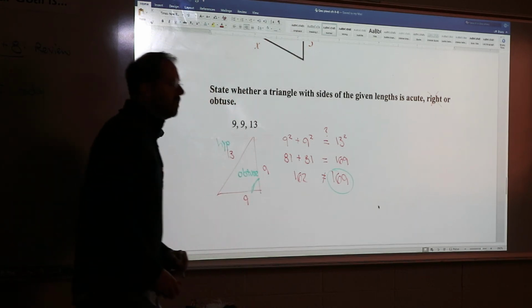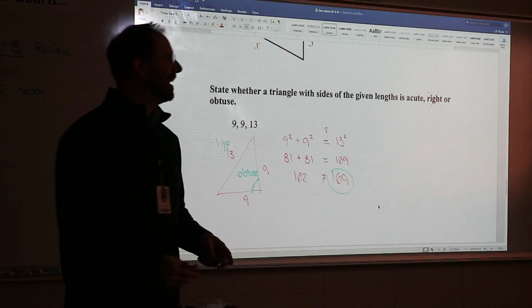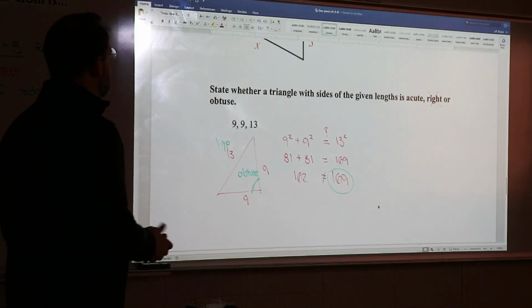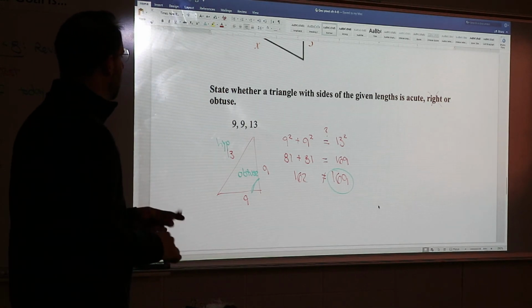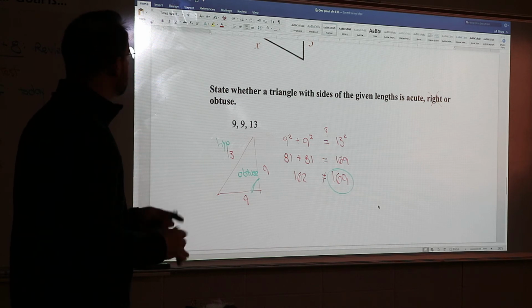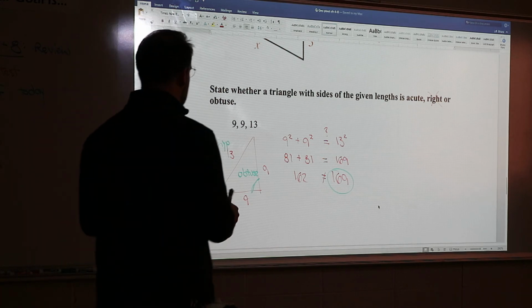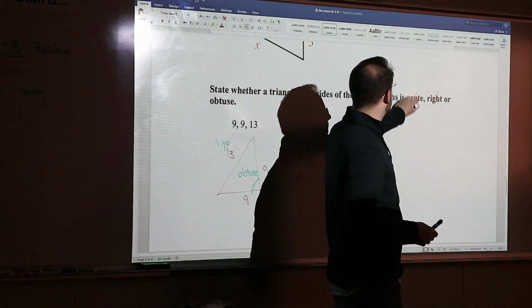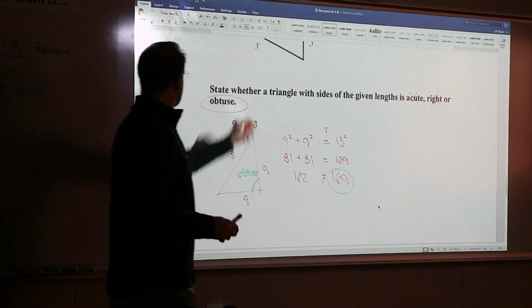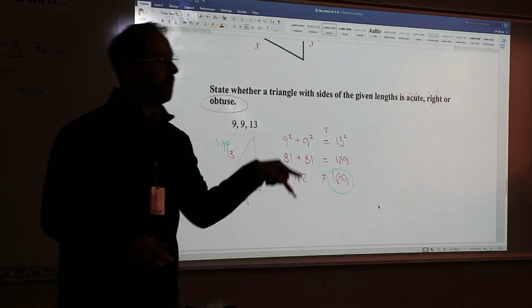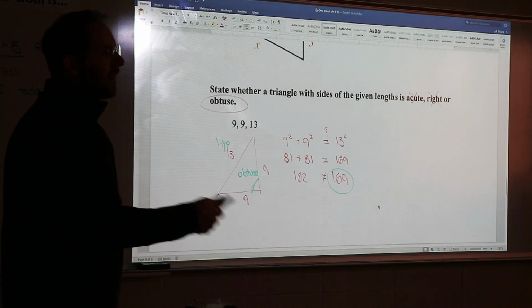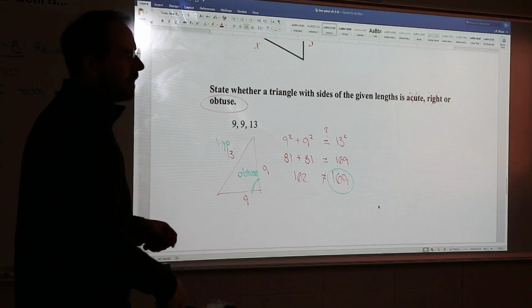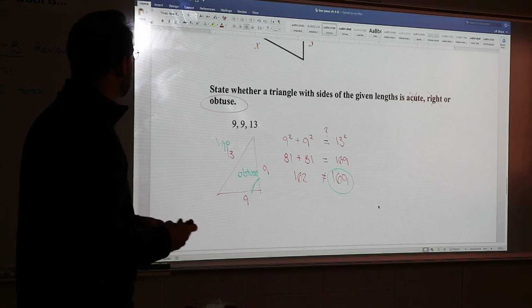It's not a right angle, it's huge. It's obtuse. It's past 90, because the bigger the hypotenuse wall, the bigger the angle gets. That's how it works. So it's definitely not acute. It turned out to be obtuse. But again, you'd have to check if it's a triangle in the first place, because if it's not a triangle, you put not a triangle and you move on to the next one. You don't even have to do this check.